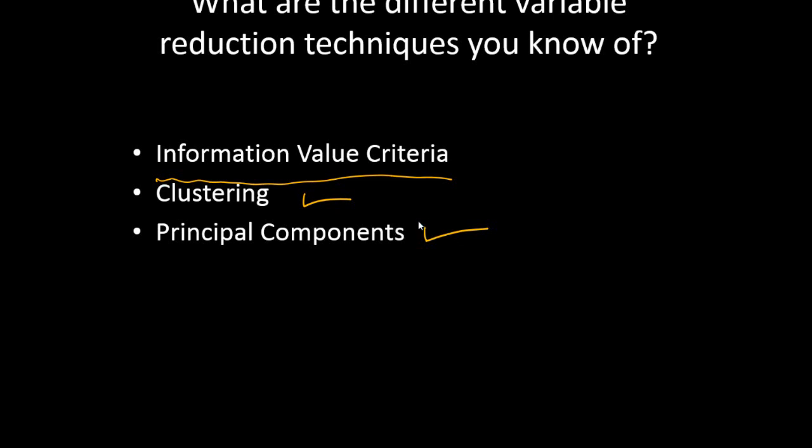But these are not very useful when the purpose of your modeling is to find out the relationship between variables. Principal components greatly help when it's all about prediction, but don't help much when the modeling objective is to find out the relationship, or the marginal impact on your dependent variable.